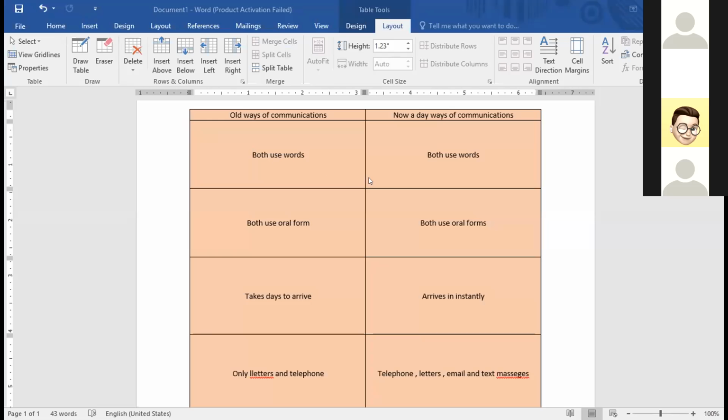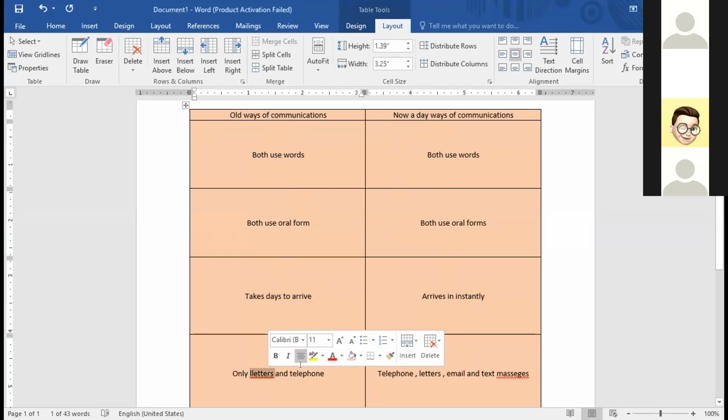Very good. Old ways of communication and nowadays ways of communications. Both use words, and both use oral forms. Very good. It takes days to arrive in the old ways of communications, and it now arrives instantly.